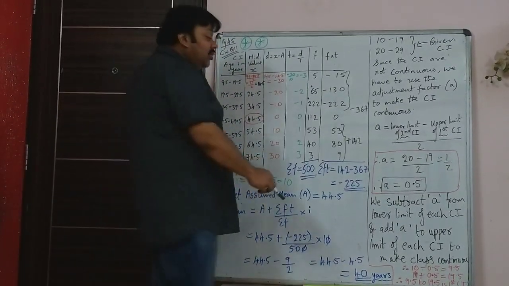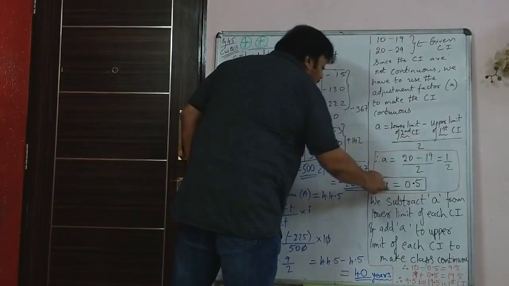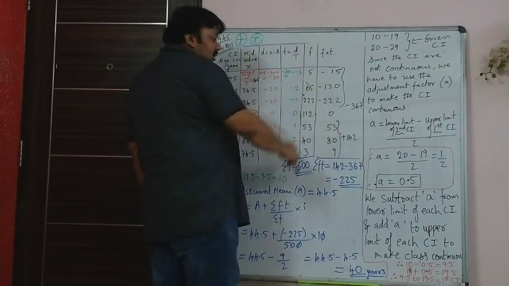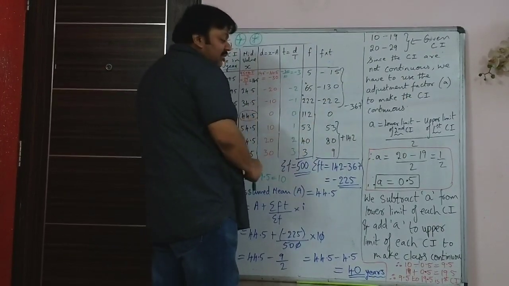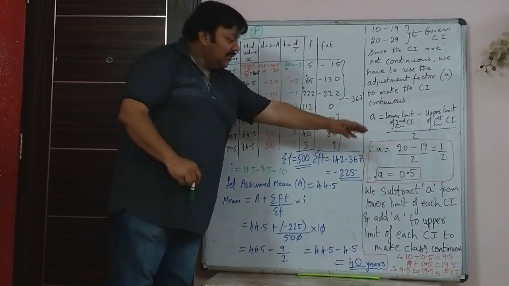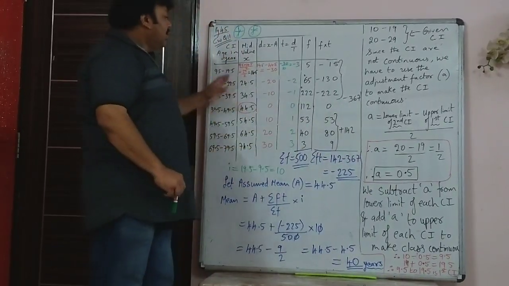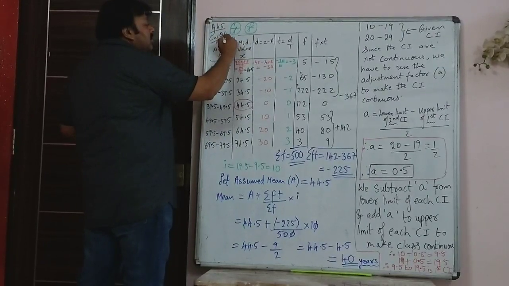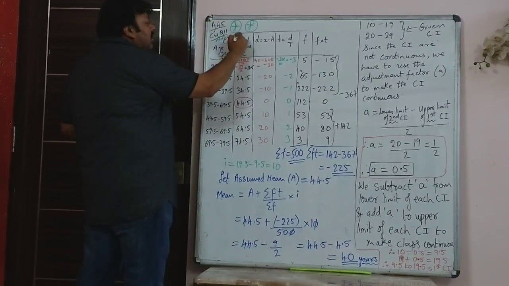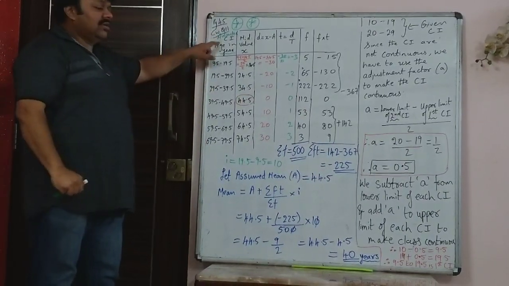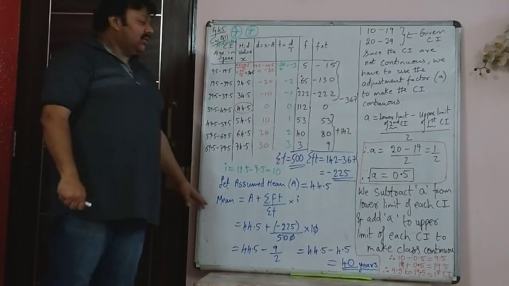Now as I told you, only this you have to write. So this you can write at the start of the sum, that is the adjustment factor. Here the class was not continuous, so you should just write those two steps. And what you have written here is directly the adjusted class interval.